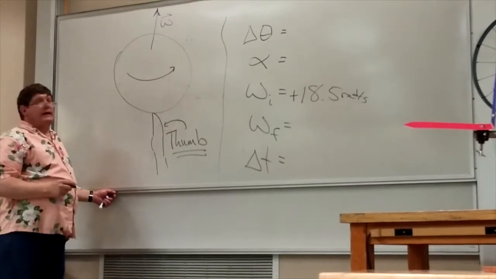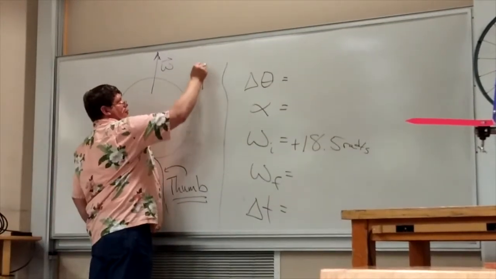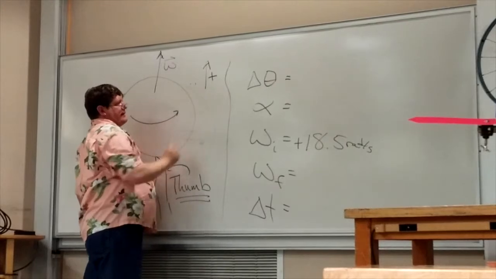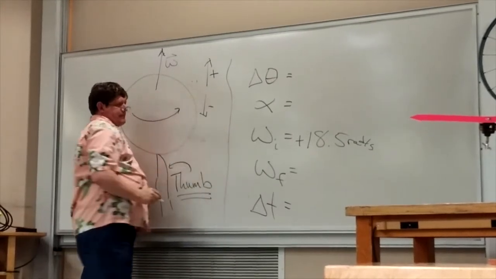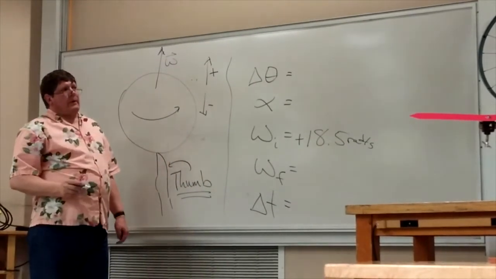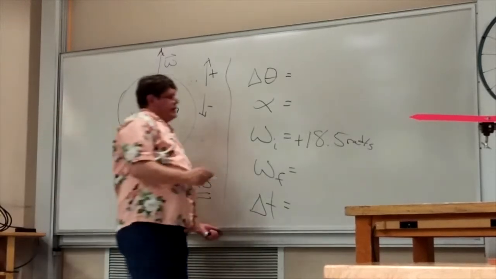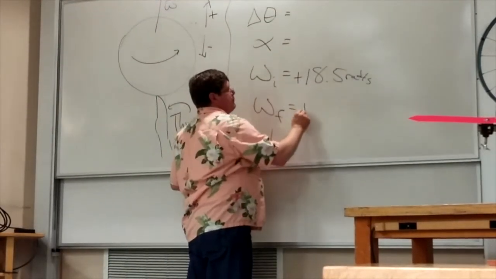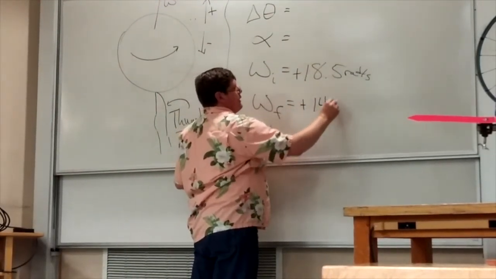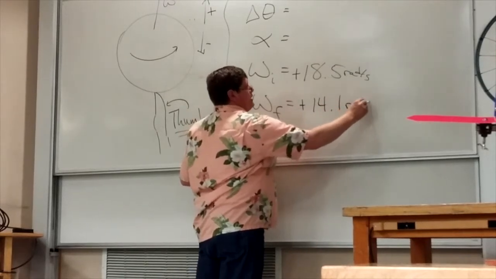That means I'm defining a coordinate system where up is positive and down is negative. A little bit later, the omega is still pointing up, but now it's only 14.1 radians per second.